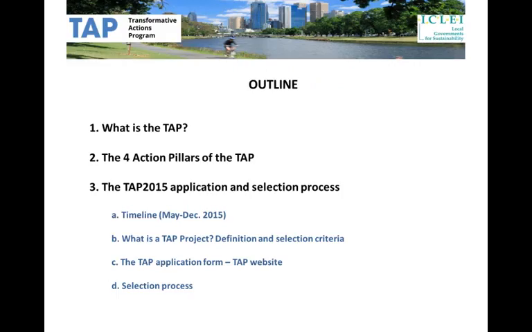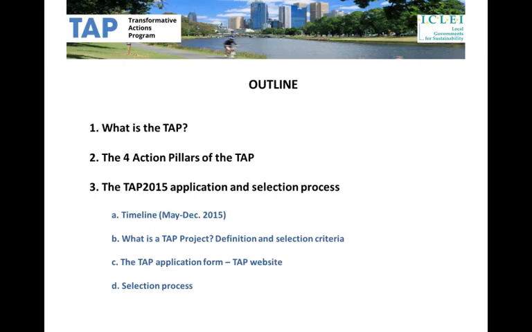Also some general information on the content of the program, that is the 4 pillars of the TAP. And also information on the TAP 2015 application and selection process. So information on the timeline of the process, on the selection criteria, and also the application form, and finally the selection process. And in the second time, we will have, as Louisa said, a question and answer session where you will have the opportunity to ask questions to us.